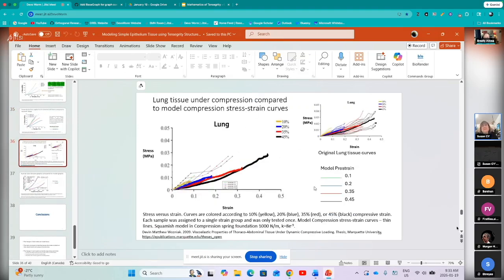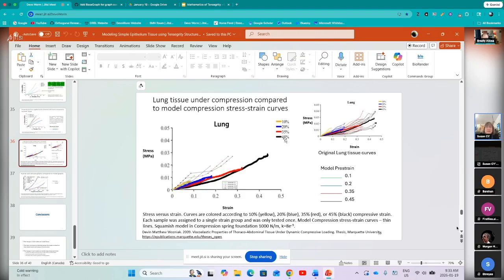And this was an interesting curve, or this is the actual data, and it was all over the place. But it kind of followed a pattern, and this is the pattern. And I was able to match it with my model.